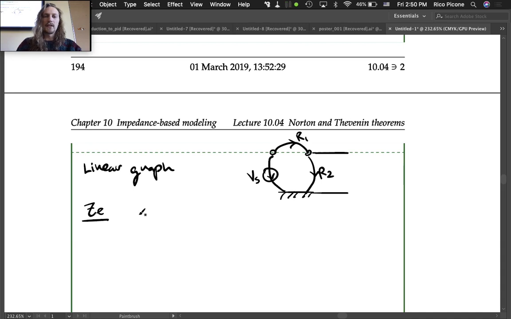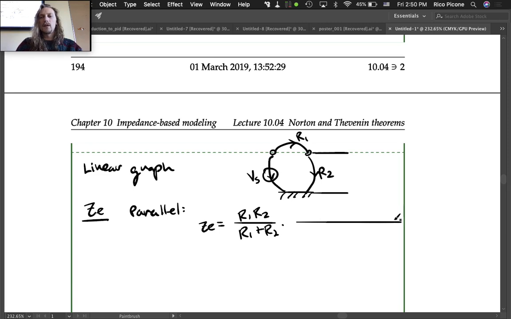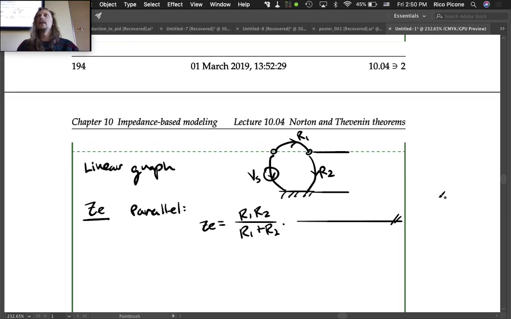And so we can say that ZE equals R1 parallel R2, so ZE equals R1 R2 over R1 plus R2. And that's part of our answer, right?